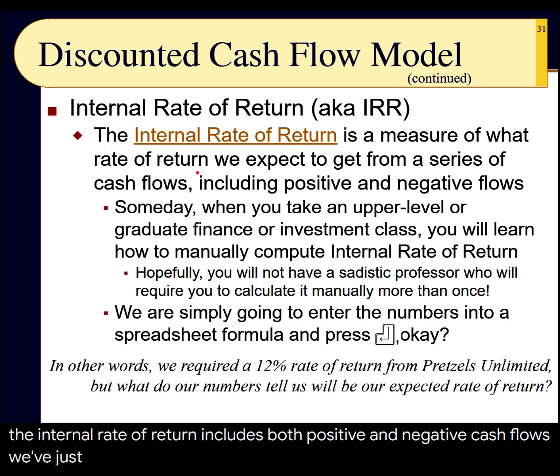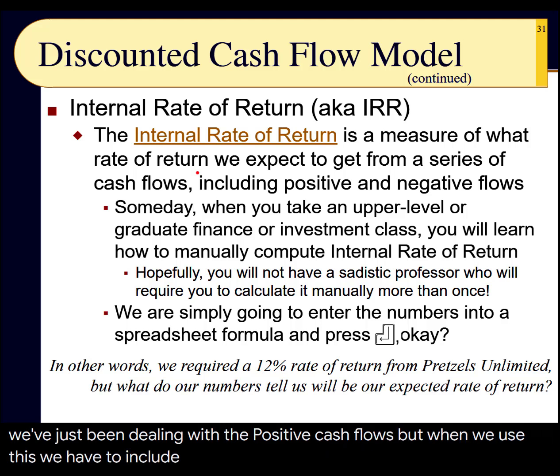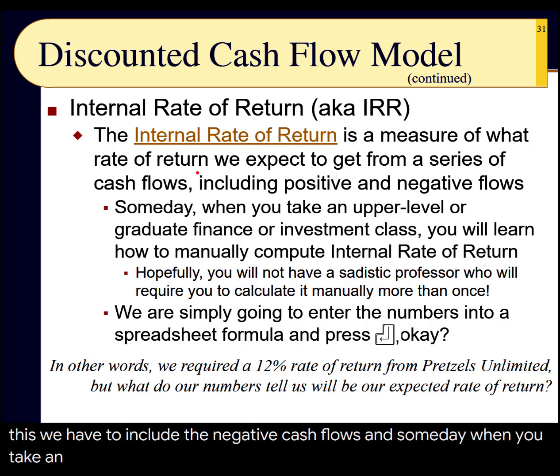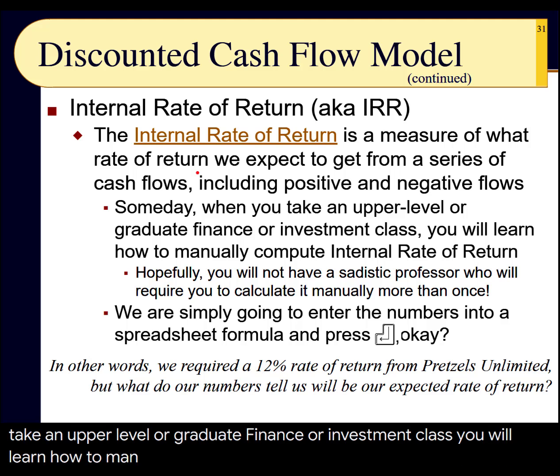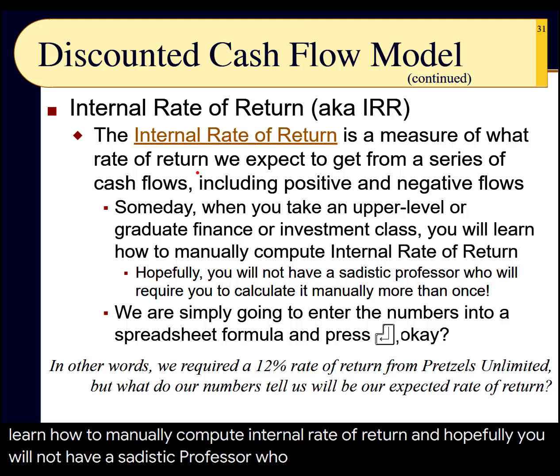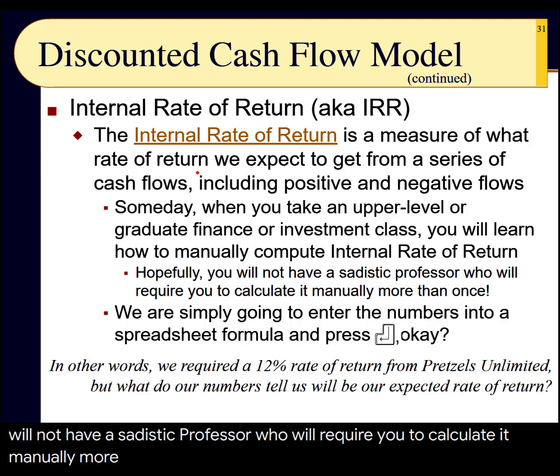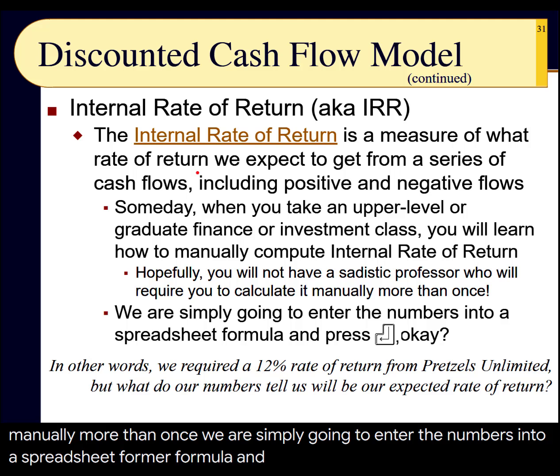We've just been dealing with the positive cash flows, but when we use this, we have to include the negative cash flows. And someday, when you take an upper level or graduate finance or investment class, you will learn how to manually compute internal rate of return. And hopefully you will not have a sadistic professor who will require you to calculate it manually more than once. We are simply going to enter the numbers into a spreadsheet formula and press the enter key.